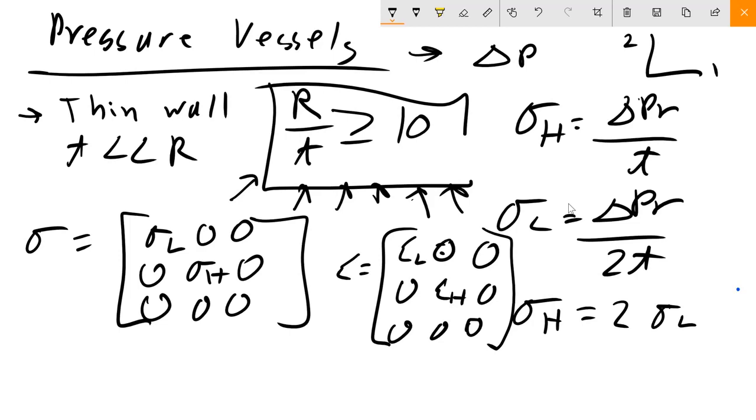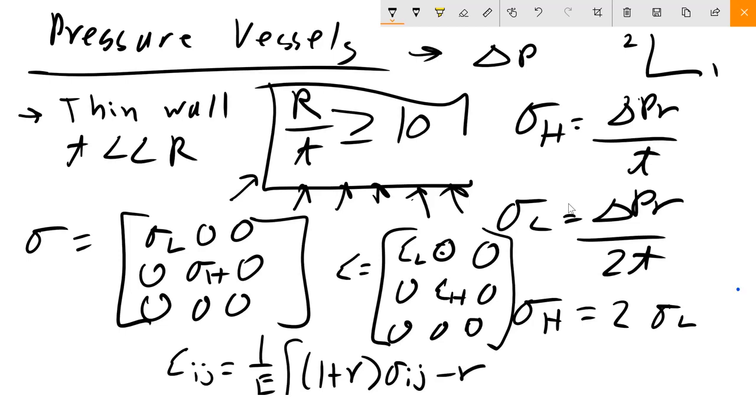So if I want to calculate my hoop strain, you could just calculate that using the expression we derived previously, right? We introduced last time this expression: epsilon ij is equal to 1 over E times (1 plus nu) sigma ij minus nu times sigma kk Kronecker delta ij, right?